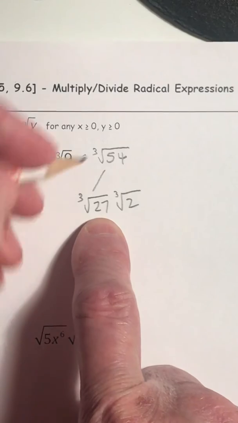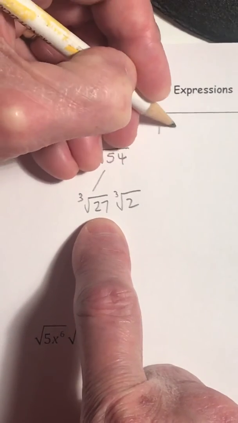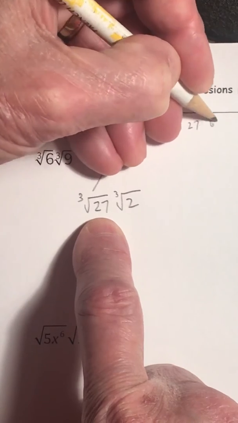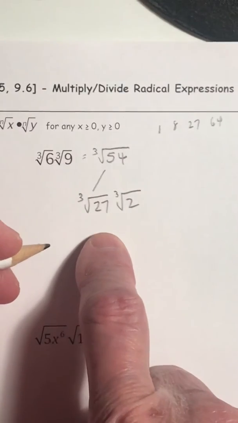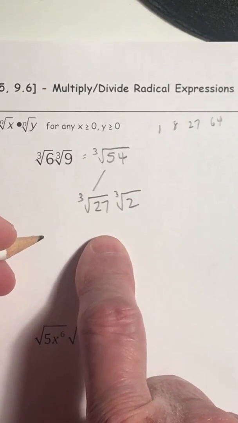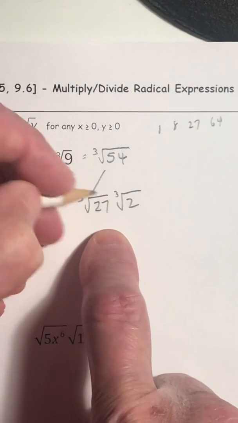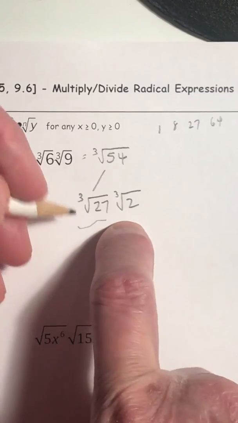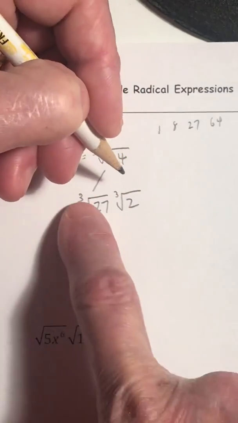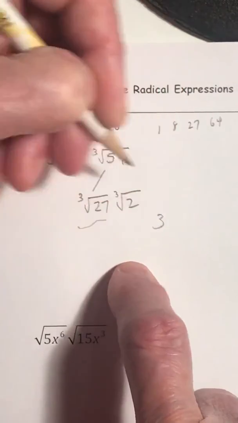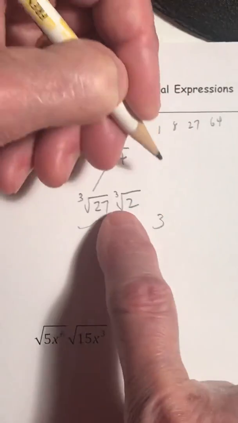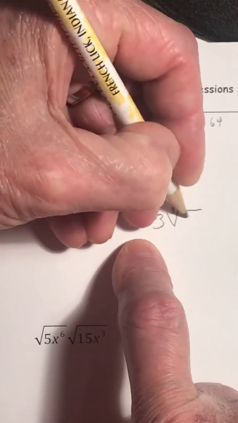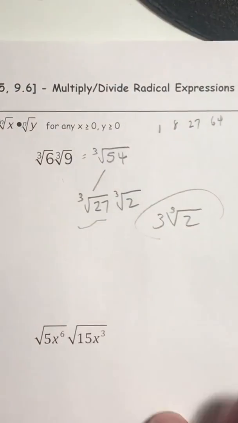You could make a list, 1 to the third, 2 to the third, 3 to the third, 4 to the third, etc. This is now a perfect cube, so we'll get rid of the radical sign there. We will be stuck with this. Cube root of 27 is 3, because 3 to the third is 27. Our answer is 3 times the cube root of 2.